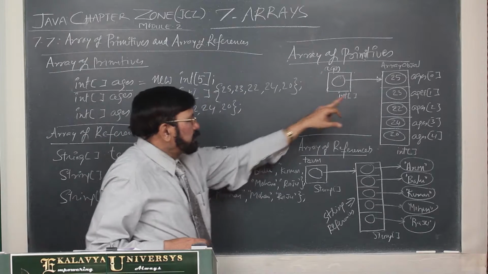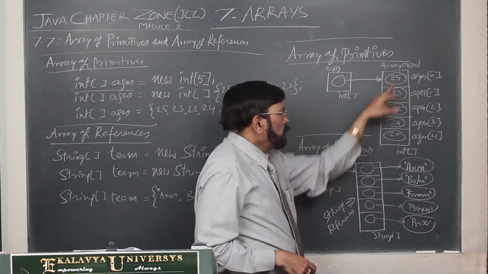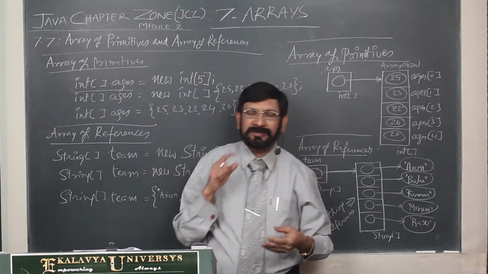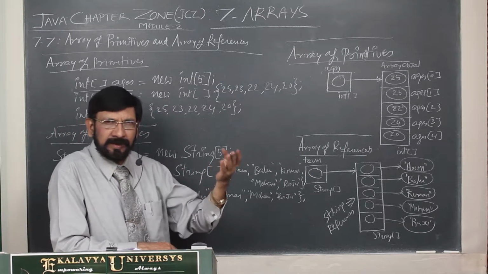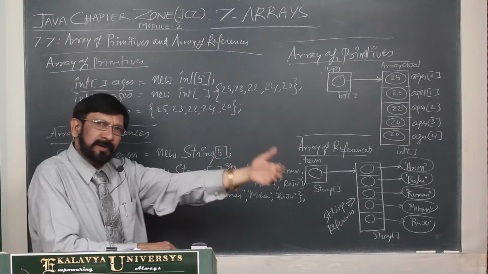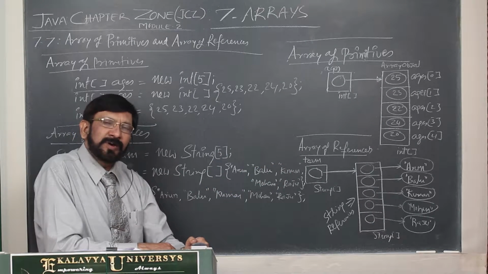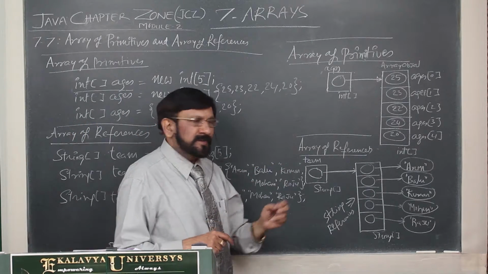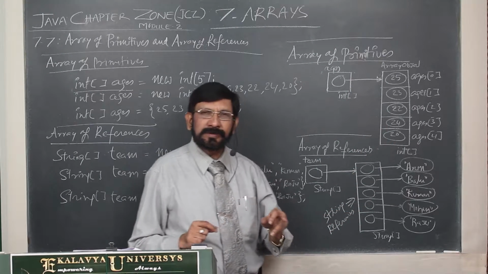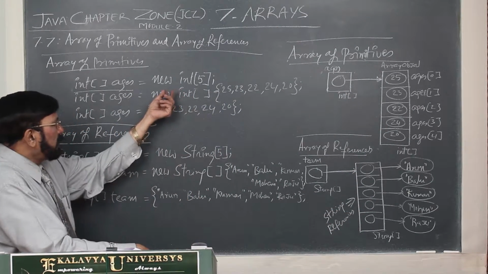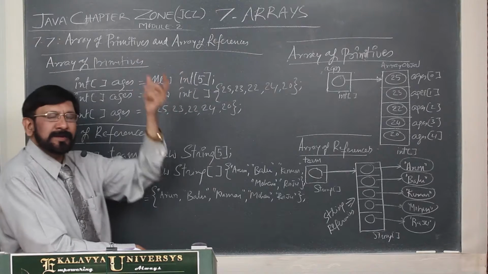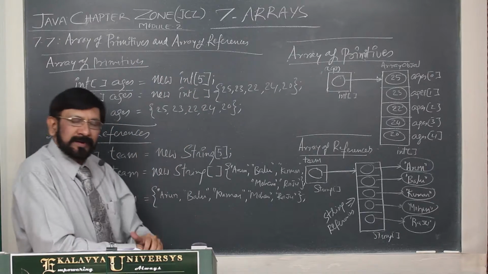And initially I didn't give values. So then what is the second job of new? First it gets the required amount of memory allocated on the heap. The second one is it initializes all array elements with the default value of the corresponding type. What is the corresponding type here?